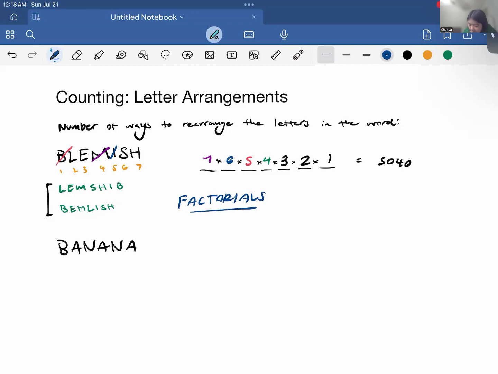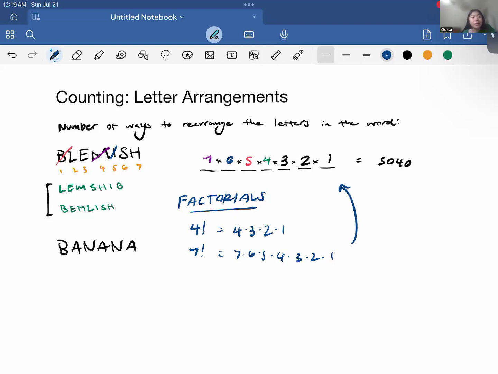So factorials are basically when you take a number and you multiply it by all the consecutive numbers below it. For example, 4 factorial is equal to 4 times 3 times 2 times 1. 7 factorial is equal to 7 times 6 times 5 times 4 times 3 times 2 times 1. And that's exactly what we have here.